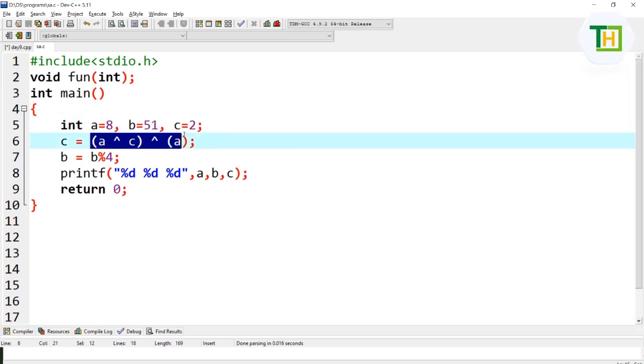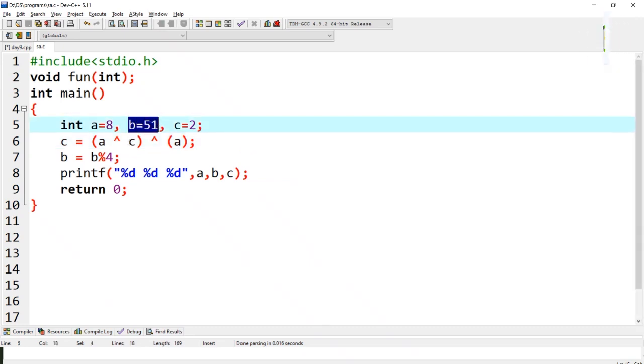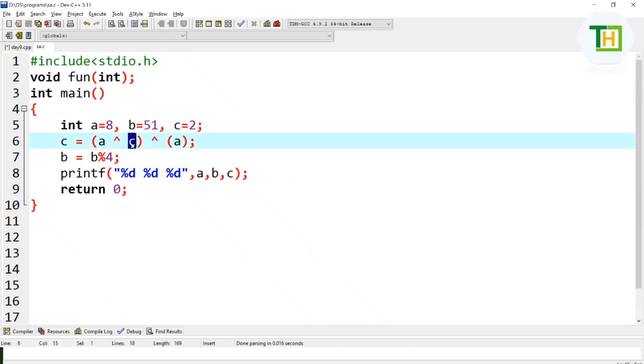The value is modified here, right? But I'm working with 51, but here it is going to be C, right? That is the mistake here. Sorry for that. This is C. Okay, the answer is 13 only.